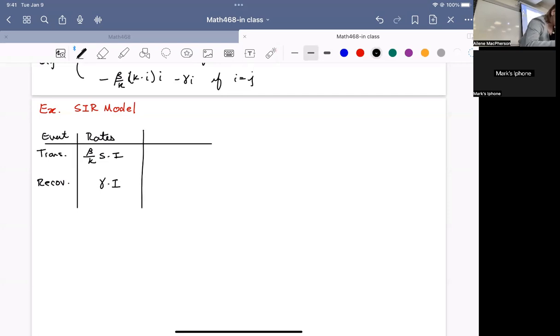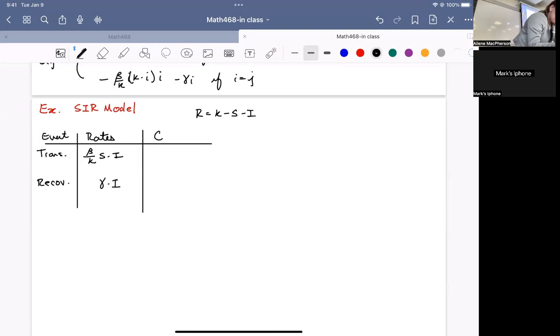So at first glance, these look the same as before, but I can no longer exchange this S for kappa minus I because I have an R class. So I'm going to actually write my R class as kappa minus S minus I, and I'm going to ignore the R class, but that means I can no longer ignore the S class. So these rates now depend on two variables.